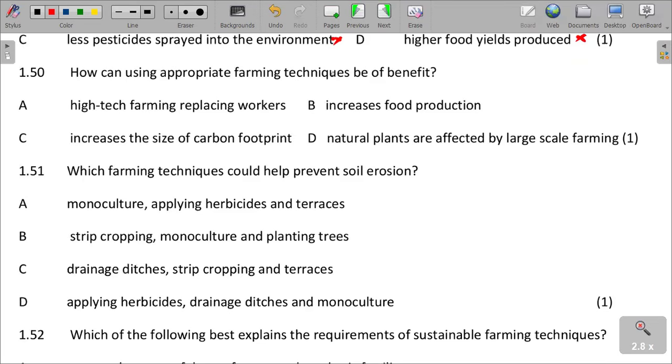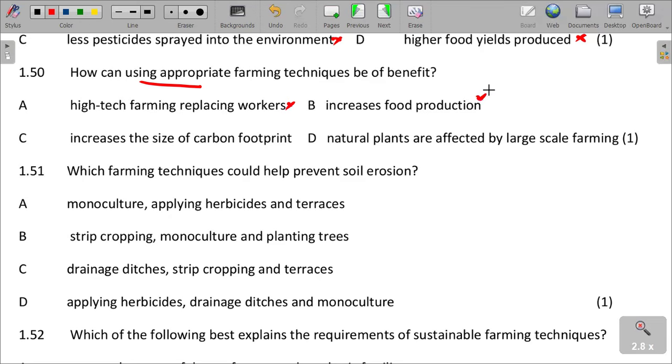And then, how can using appropriate farming techniques be of benefit? We are saying advantages of technological farming. What are the advantages? High-tech farming replacing workers is not a benefit.